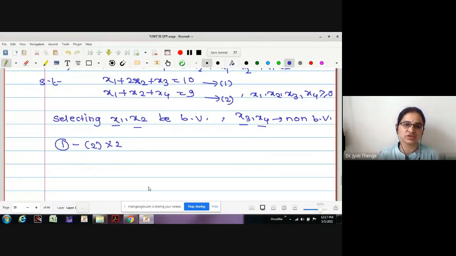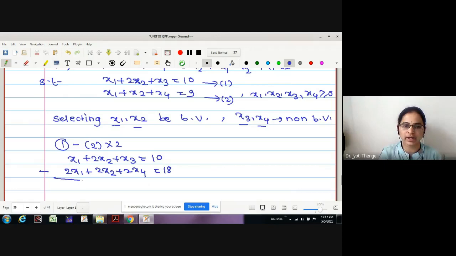What equation do we get? x2 will get cancelled. Will I write in detail? x1 plus 2x2 plus x3 equal to 10, minus 2x1 plus 2x2 plus 2x4 equal to 18. We are doing the subtraction.